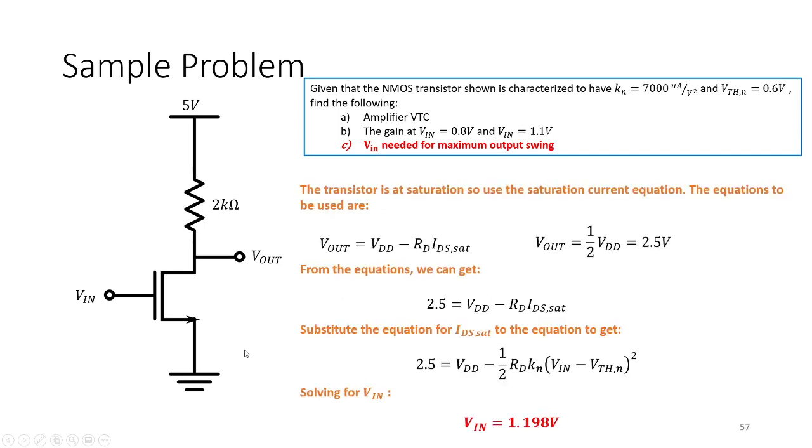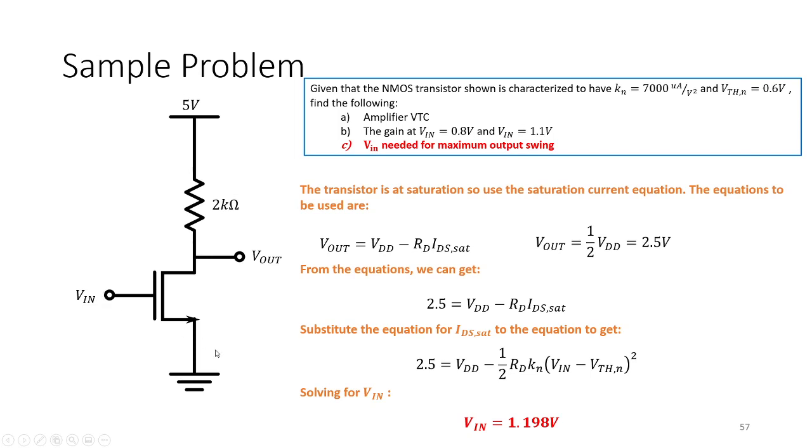So remember, if this is a 2.5, we expect that this transistor is in saturation. So we just substitute here. So Vout equals VDD minus RD IDS sat. And then Vout is 1/2 VDD, shown here. And then you get this equation. And you substitute everything given this one.